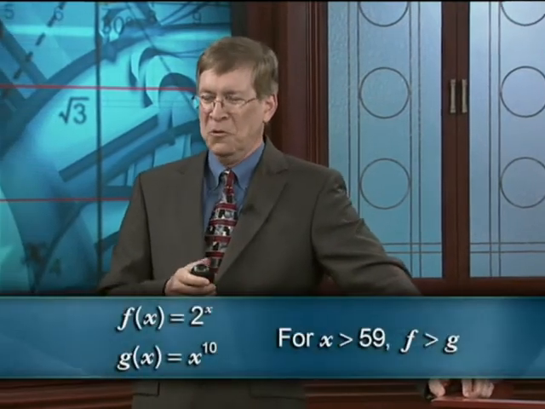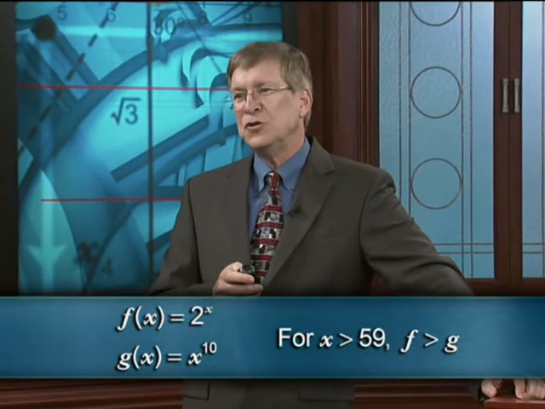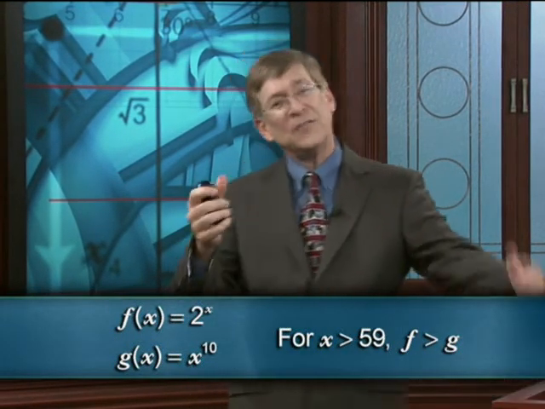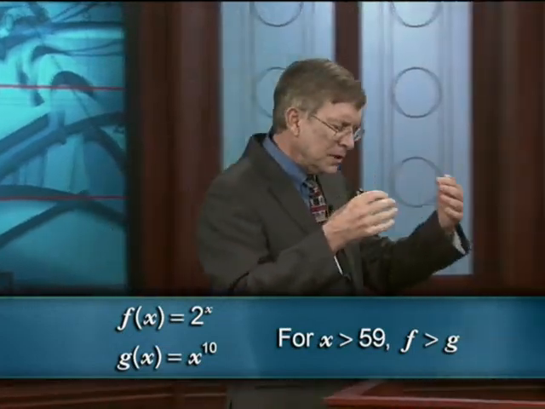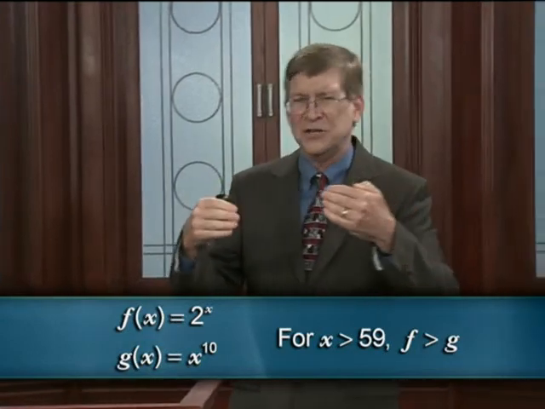Is that true forever? Well, go to your calculator tonight and plug in a number bigger than 59. Whoa. It turns out that past 59, 2 to the x is bigger than x to the 10th. And this has an important engineering, or computer science, application.